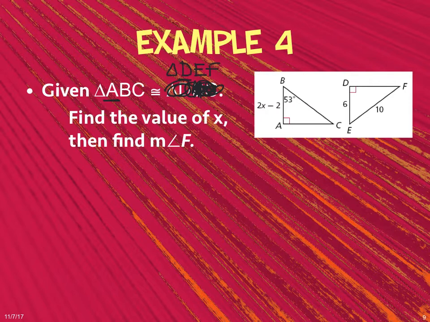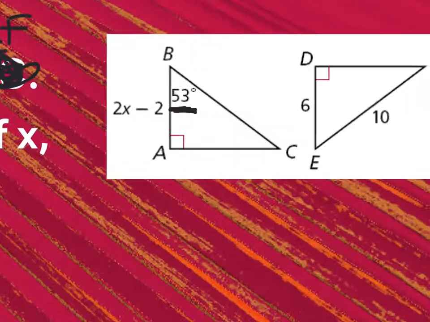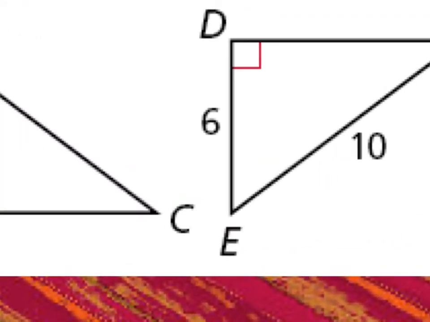Let's see if we can fill in anything else. So we have the second letter is congruent to the second one. So angle B is going to be congruent to angle E. So here it's given that angle B is 53 degrees. So here we know that angle E is also going to be 53 degrees.